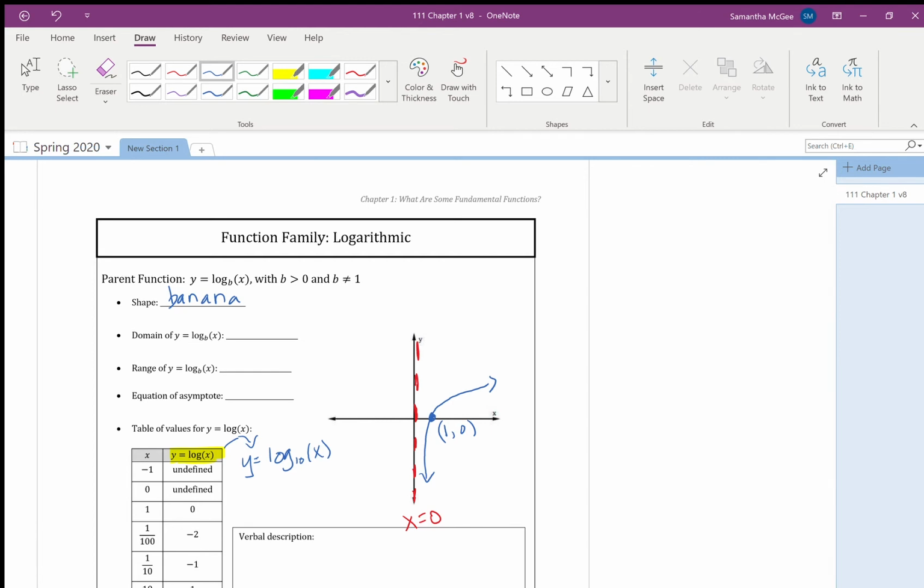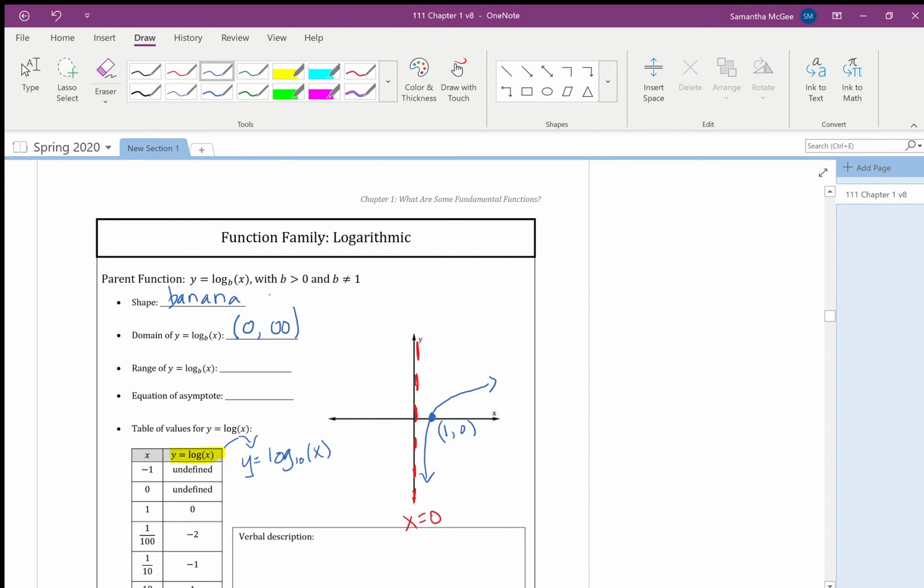Looking at the domain, remember the domain is the values that we're allowed to plug in, our x values, and notice that we're only plugging in positive values. Our graph is only on the right side of the page. We can't plug in 0 because we have a vertical asymptote there, but we can plug in anything we want up to infinity.